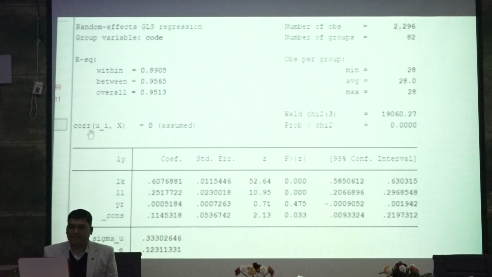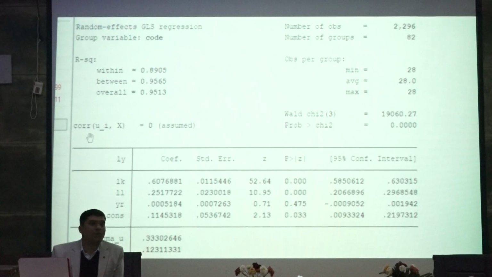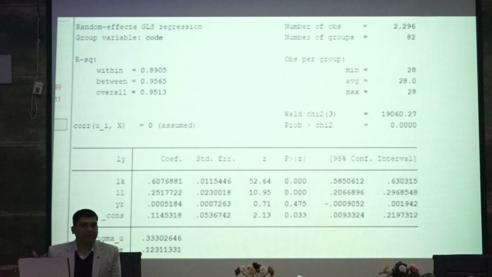Now you can check the correlation between ui and xi is assumed to be 0. Why is 0 assumed? Because we selected a random effect model. So this is the assumption, uncorrelated.